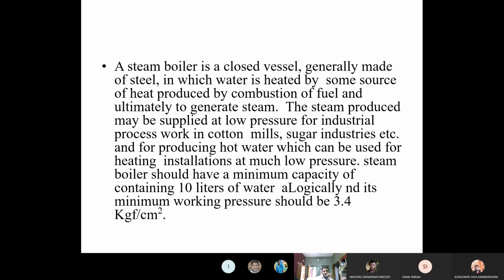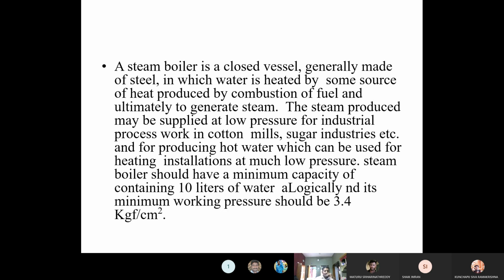Okay, a steam boiler is a closed vessel generally made of steel in which water is heated by some source of heat produced by combustion of fuel and ultimately to generate the steam.